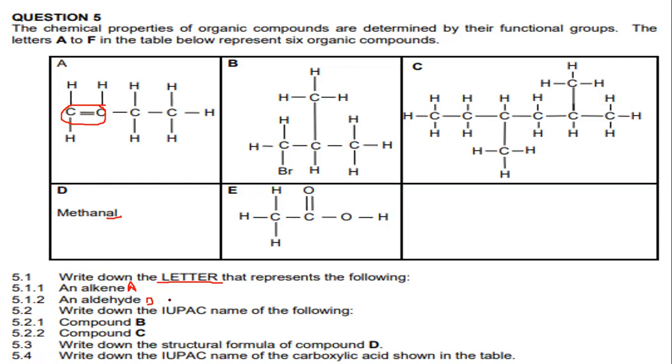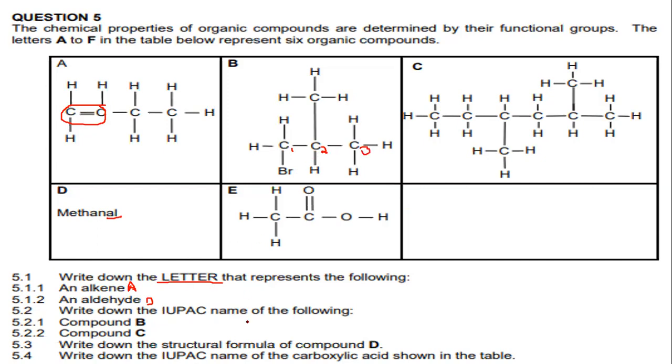Then we are required to write down the IUPAC name of the following: compound B. So if I want the IUPAC name of compound B, I look for the longest chain without breaking. The longest chain without breaking is 1, 2, 3.